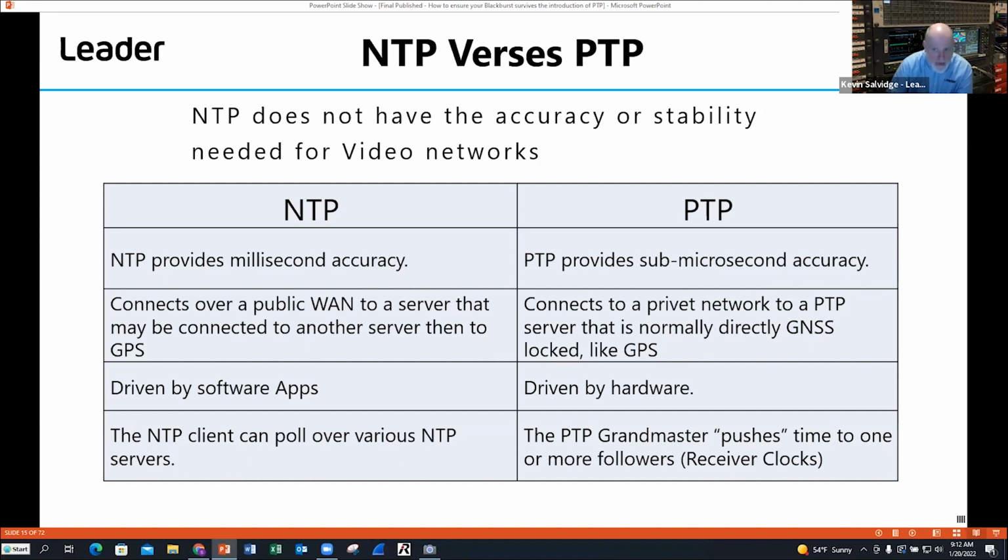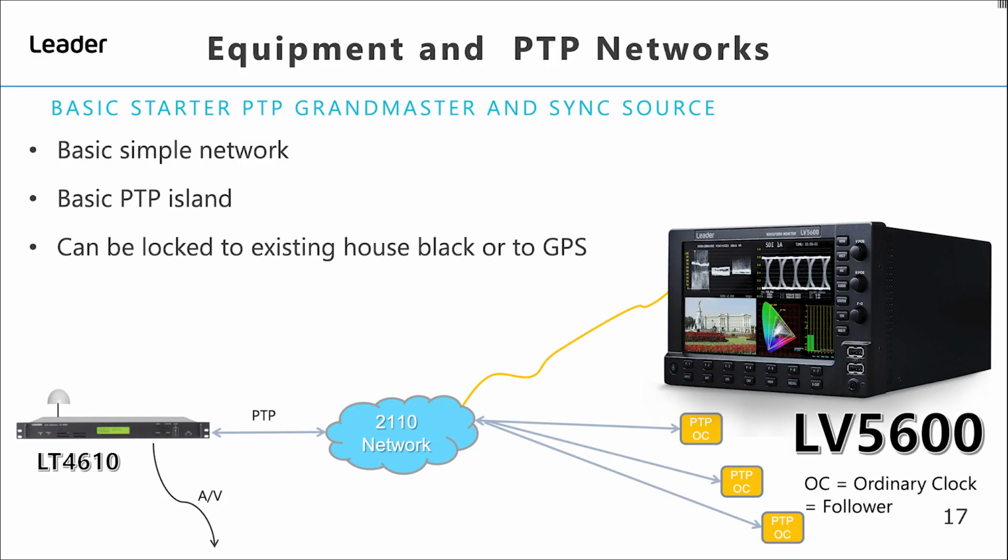So how do we implement a PTP timing reference system within our existing SDI-based facility? Most people start off with an isolated network, because one of the best things you can do is set up a little island, a green field, where you can set it up and learn exactly how it works.